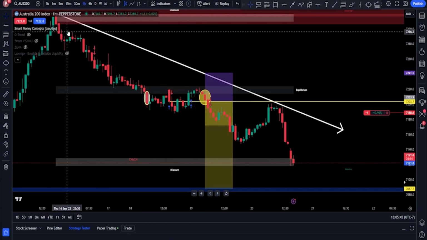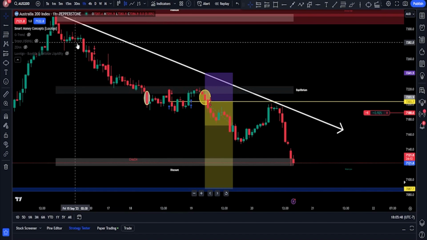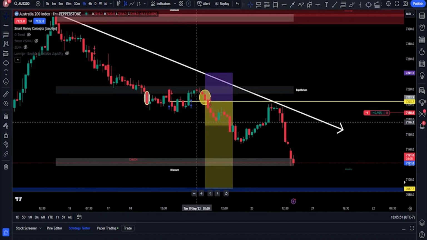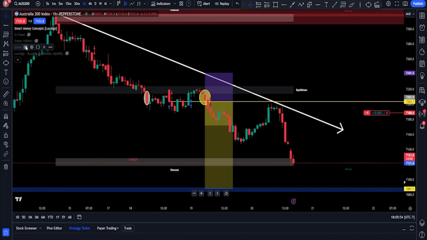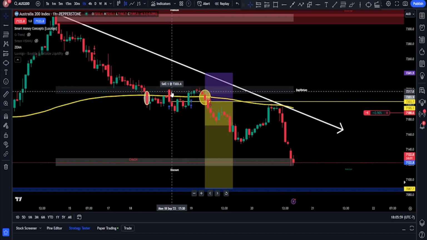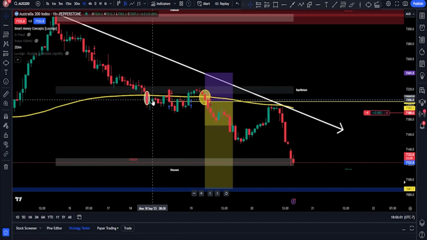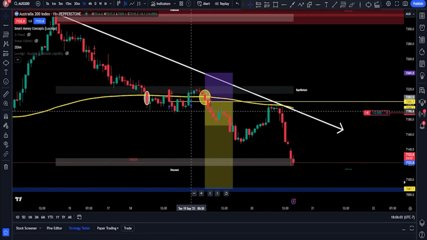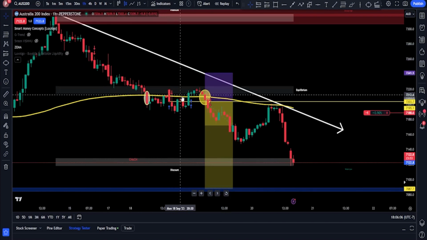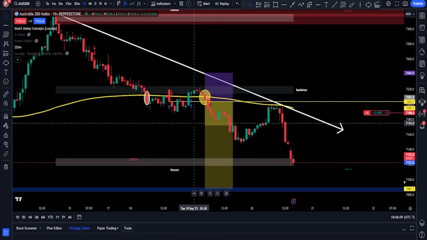There are more red candles forming in this trend than green. We just crossed over right here at the equilibrium. Now, I will tell you, this is not the highest probability trade that you would want to trade, but it's a trade that I took just based off my strategy.